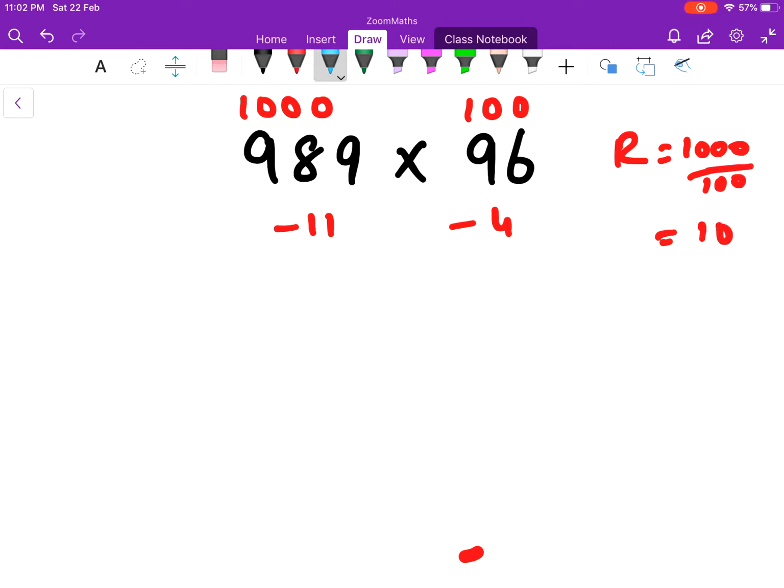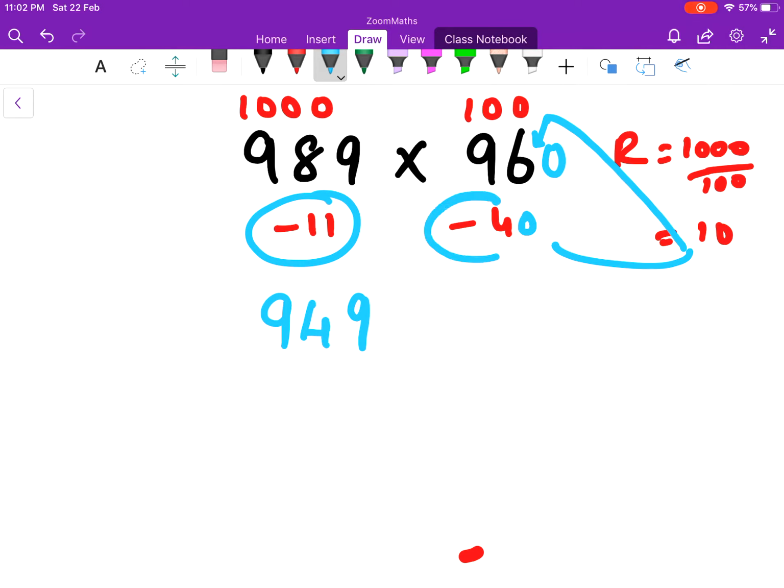So you append that 0 over here and here. This becomes 960 and 40. So it's either 989 minus 40 or 960 minus 11. 989 minus 40 is easier, that is 949. Now you multiply -11 into -4. So it's 44. Since the number of digits over here is always equal to the lower base, just 2 digits. That's your answer, 94944.